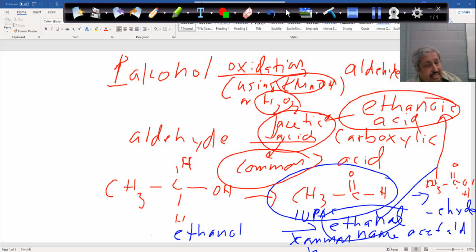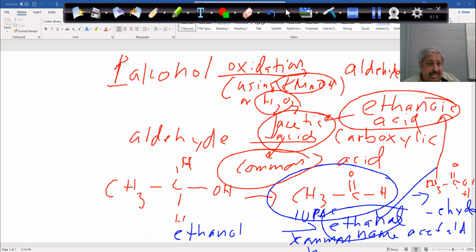So alcohol is ethanol, that's the real name. The common name of the aldehyde coming out of oxidation by permanganate or hydrogen peroxide is ethanal, or acetaldehyde. You oxidize it further, you get carboxylic acid called ethanoic acid, or the common name acetic acid.